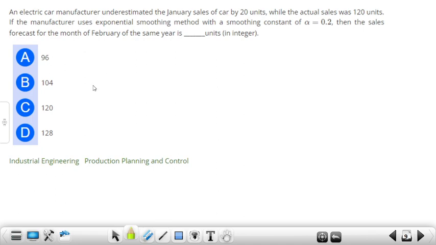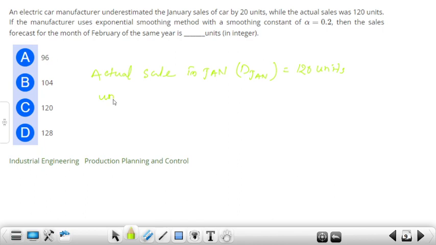So the actual sale in January, which is D January, is equal to 120 units.